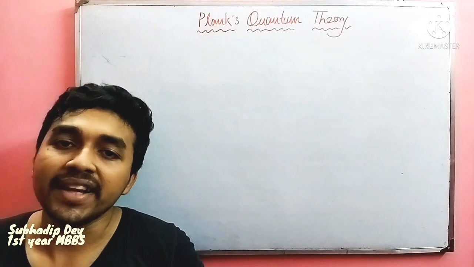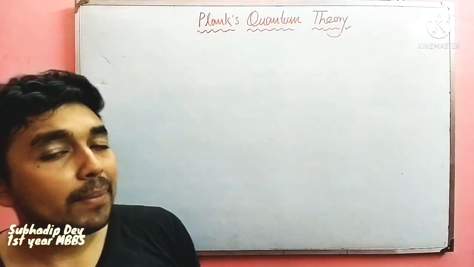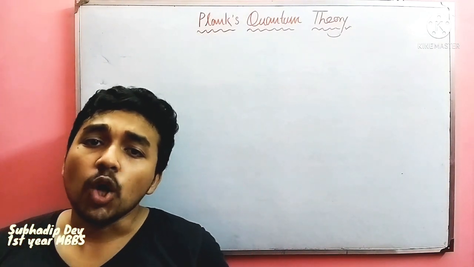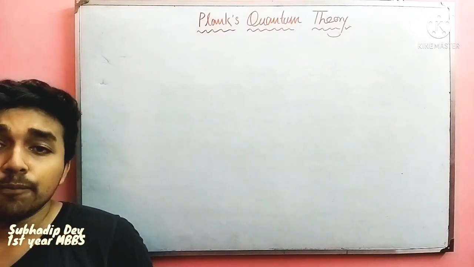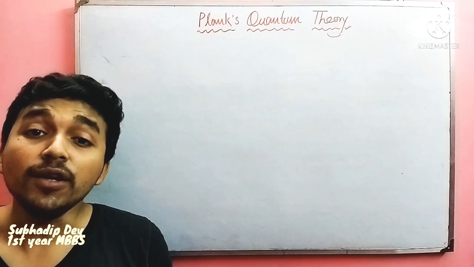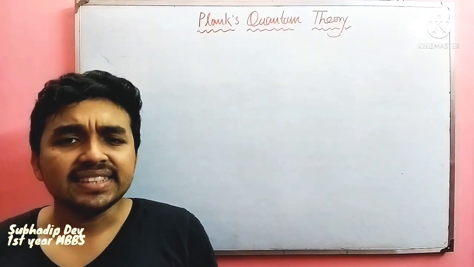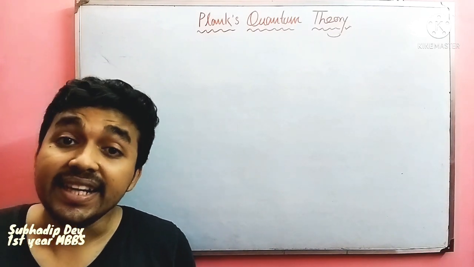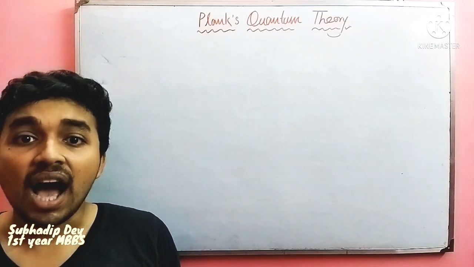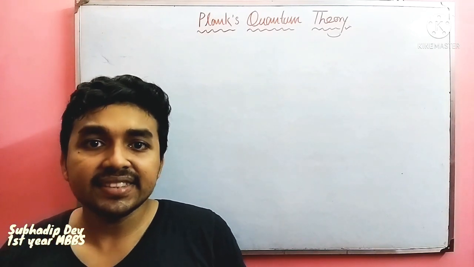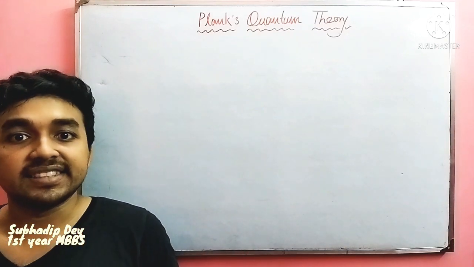Here we are going to talk about Planck's quantum theory. Planck's quantum theory is for any type of moving body or moving particle. He told that any particle in motion either radiates energy or absorbs energy.